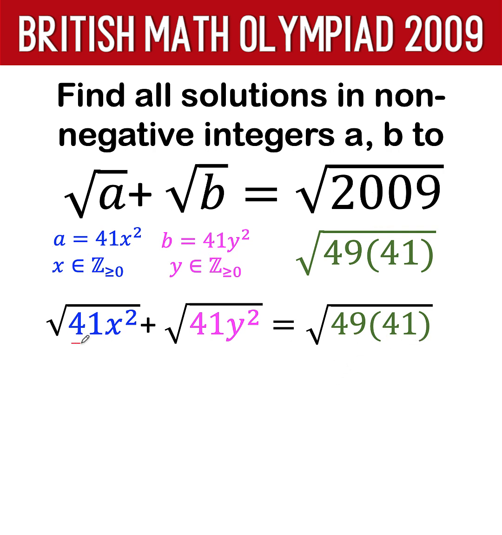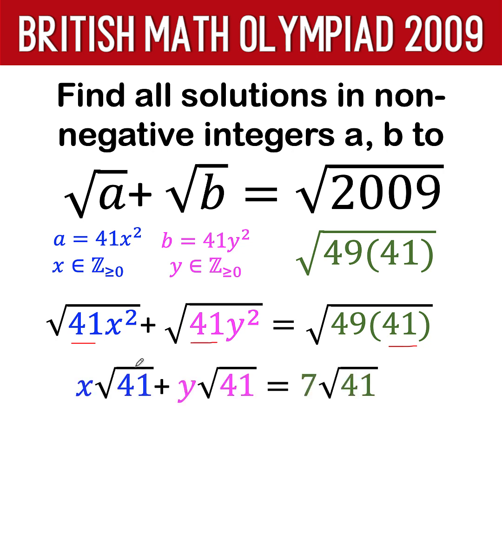Notice now the presence of the square root of 41, the square root of 41, and the square root of 41, and all the other factors are perfect squares. So the square root of x squared is x, the square root of y squared is y, and the square root of 49 is 7, all the rest are copied. And we divide each term by the square root of 41. What's left is x plus y equals 7.